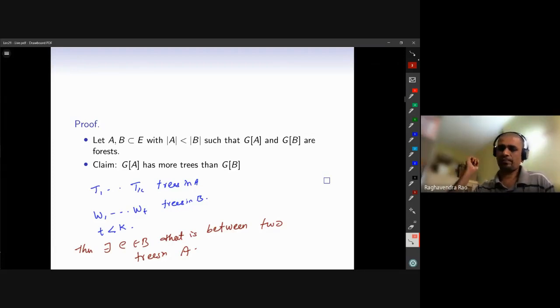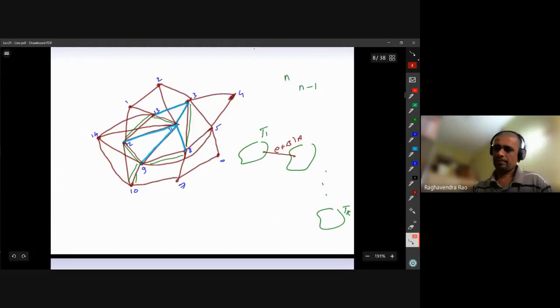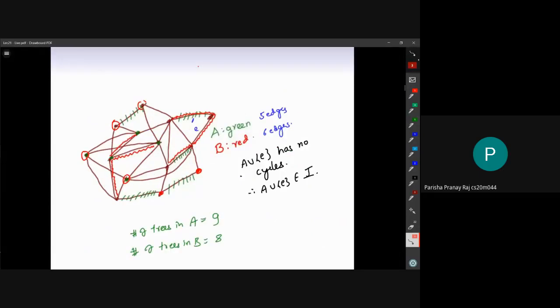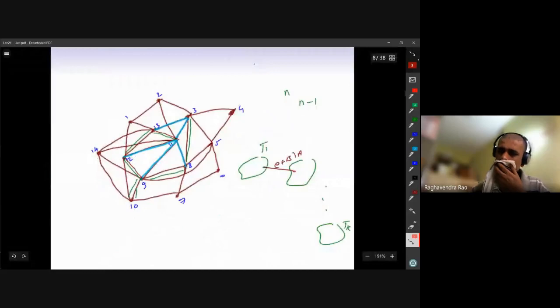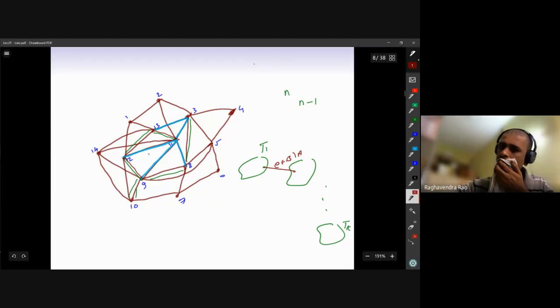Sir, can we go to the diagram? Yes. Let us suppose my B is 1-3, 1-2, 2-3, the top part. Wait, I'm drawing. Just a minute.